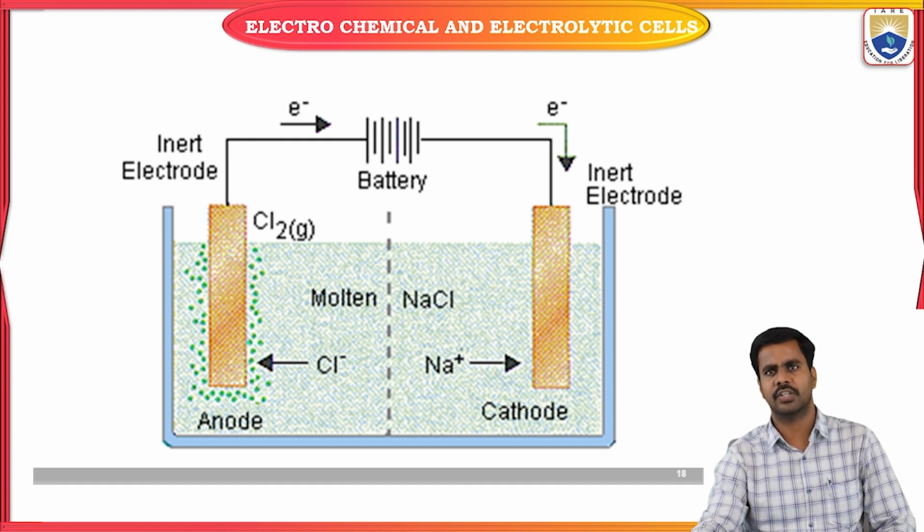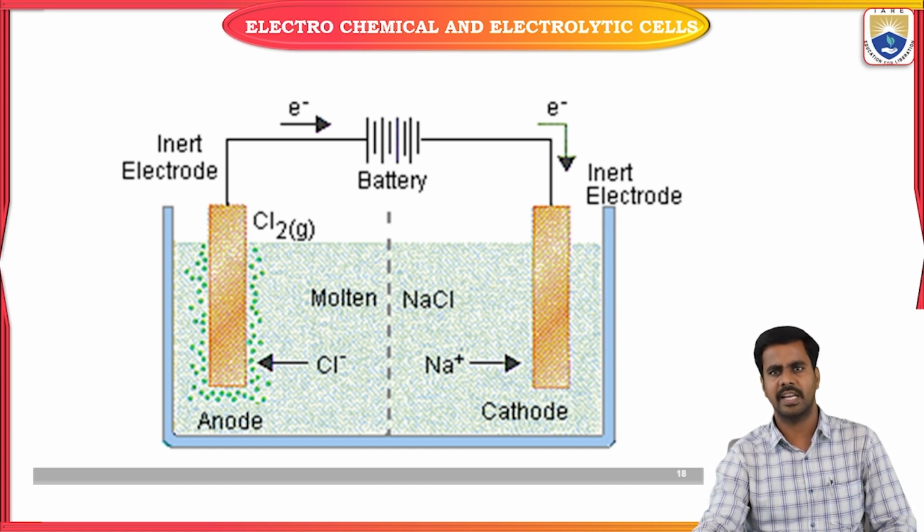Let us see the construction of the electrolytic cell. An electrolytic cell contains only one compartment, which contains molten sodium chloride as the electrolyte. Here we are using inert electrodes.